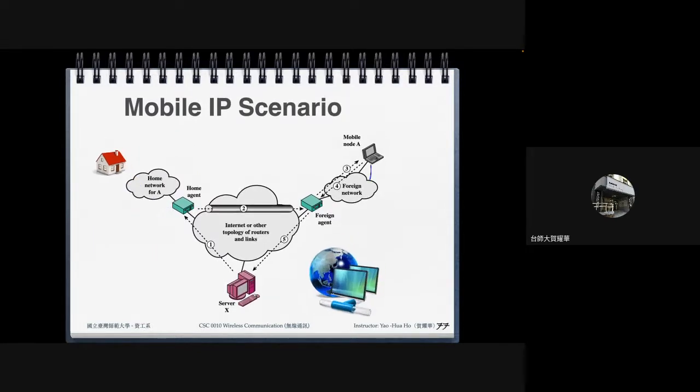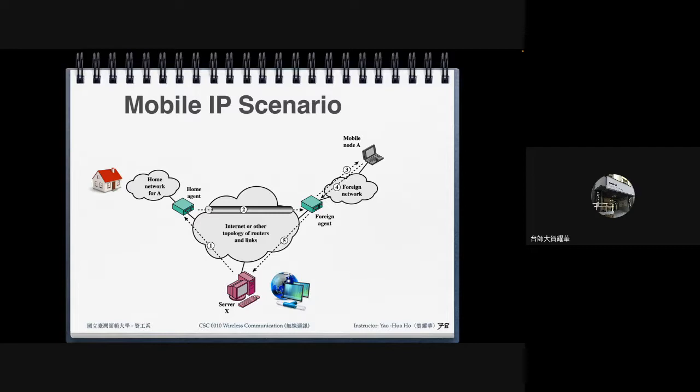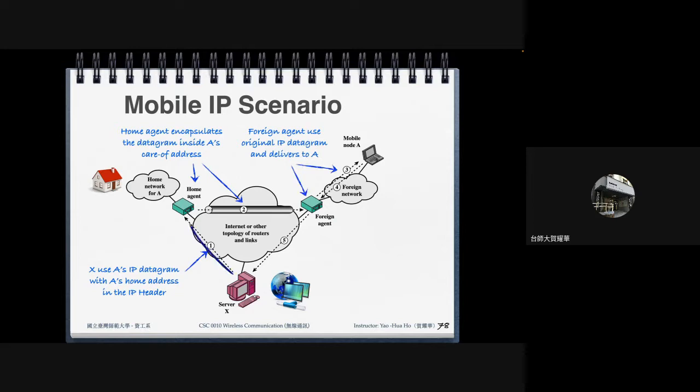When the device registers itself with the home agent, and another device tries to contact you, it will contact you with your original IP or home address. That home address then gets forwarded to the foreign agent. So your packet will connect to your home agent.